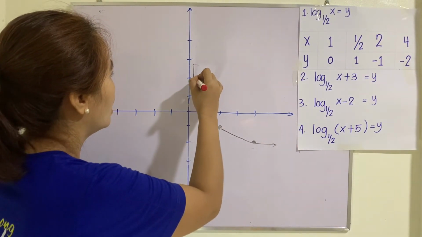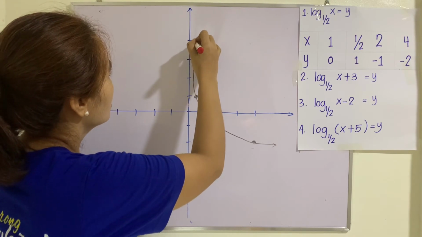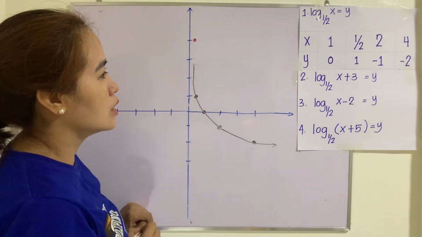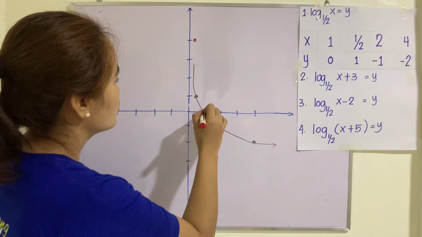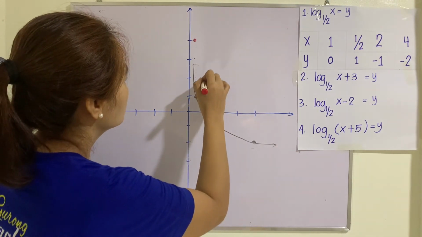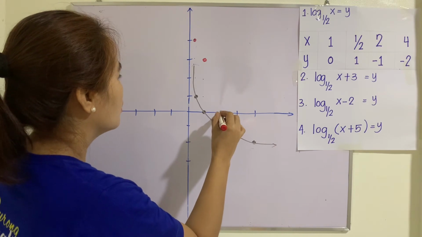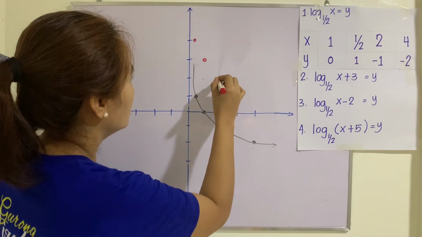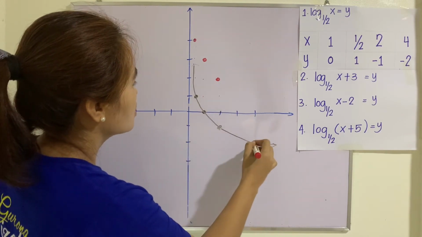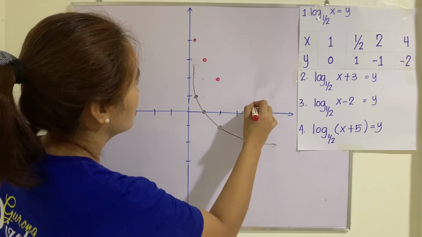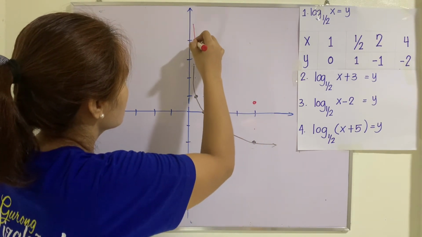That will be 1, 2, 3. And then this one, 1, 2, 3. And then this one, 1, 2, 3. And then this one, 1, 2, 3. Okay, so this one is the graph.